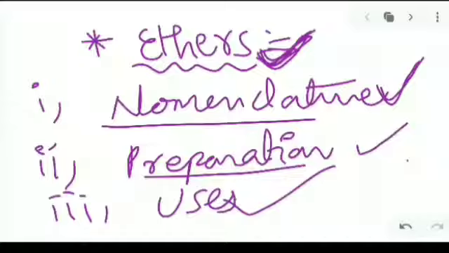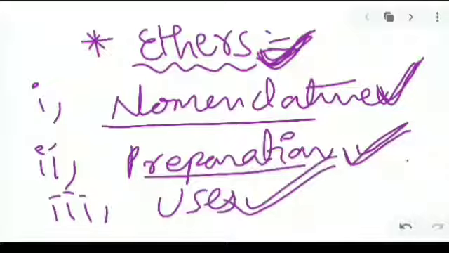The preparation methods are from alkyl halides treated with alcohols to get ethers, and from alcohols with alkenes. Uses of ethers are in oils and perfumes, and mostly they lie in scented plants. So this is about the ethers class today.